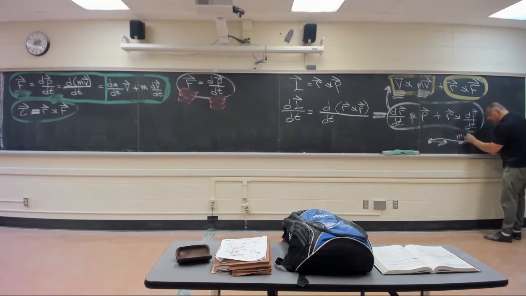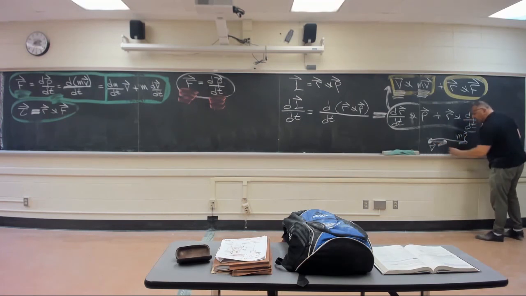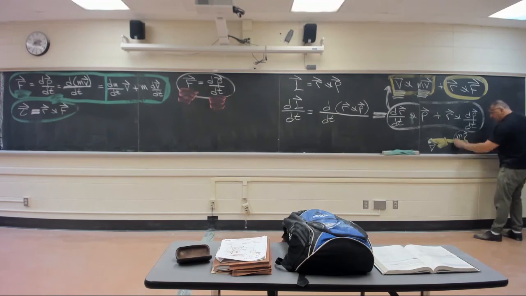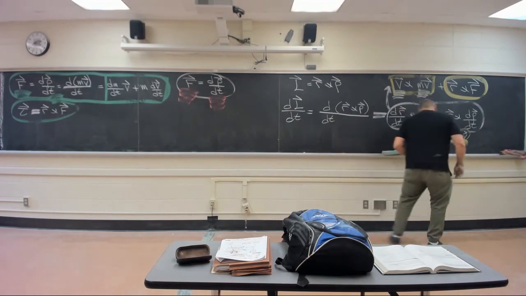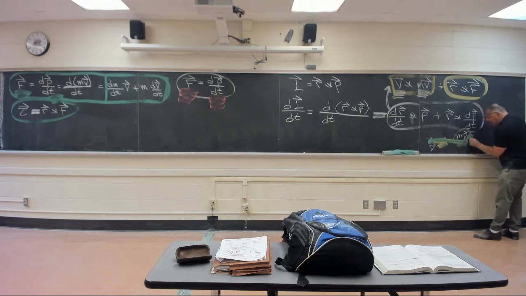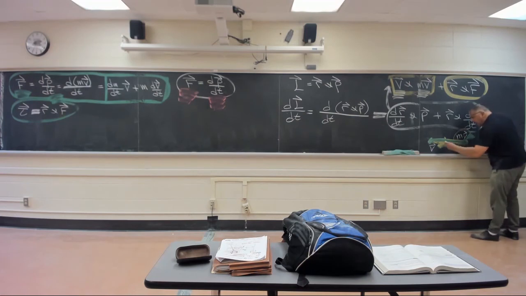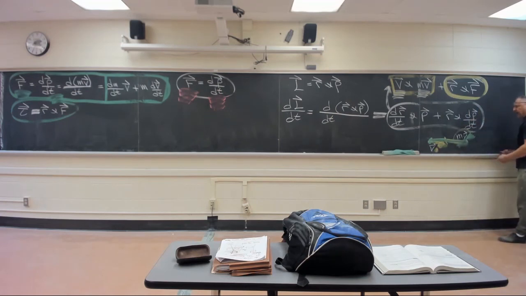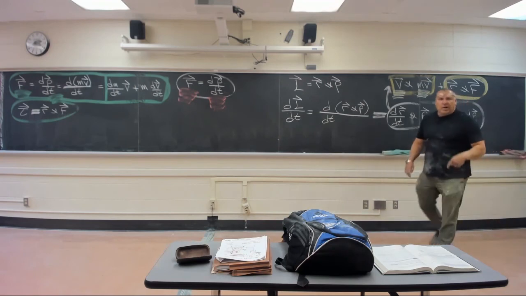If this is M V vector, and this is V vector, and they are collinear, my friends, that's MV, that's V. So the long one here is MV, and the shorter one here is just V. If they're collinear, what's the cross product of two items that are collinear?